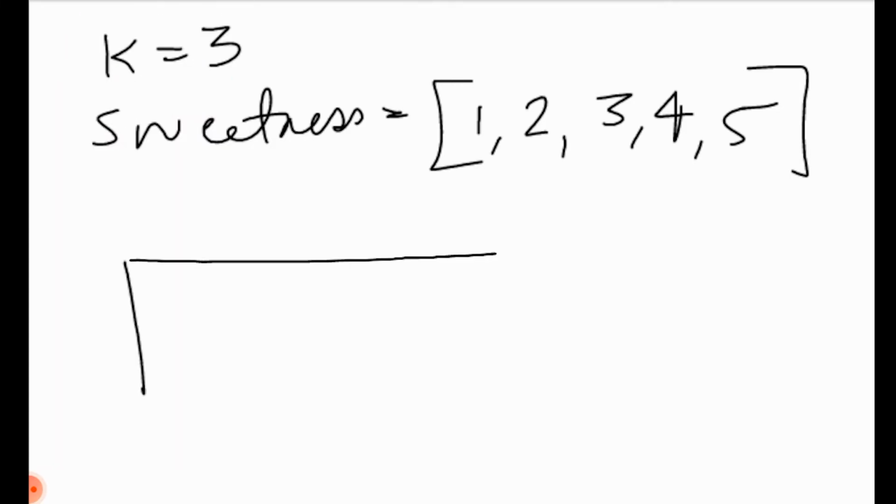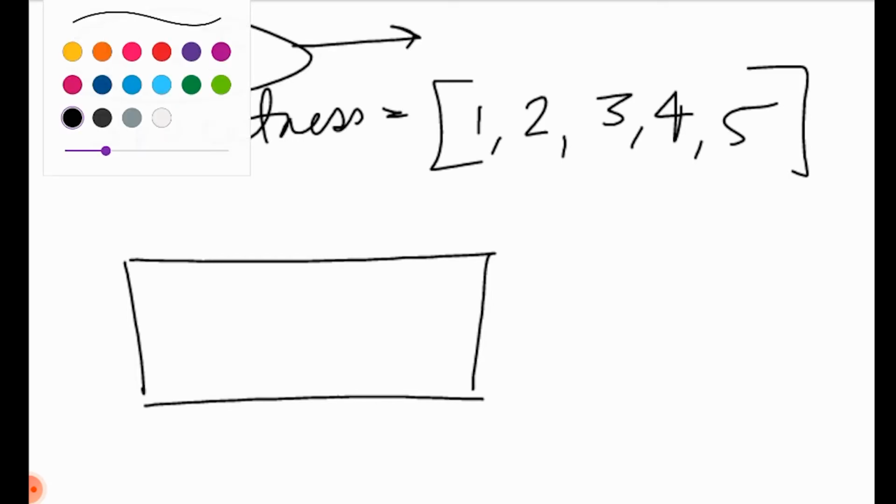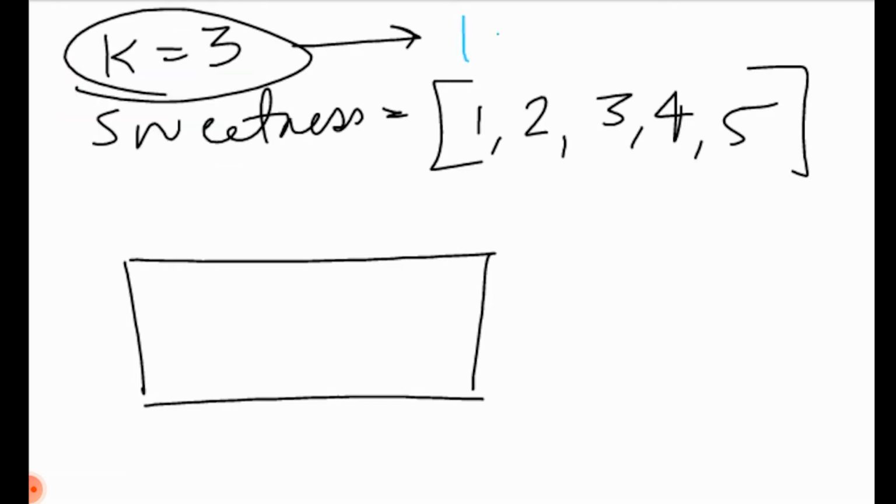Now, for example, this is our chocolate, right? And I have to divide it as k is 3. This is the number of friends. Okay, so I want to divide the chocolate into k plus 1 pieces. 1, 2, 3, 4.